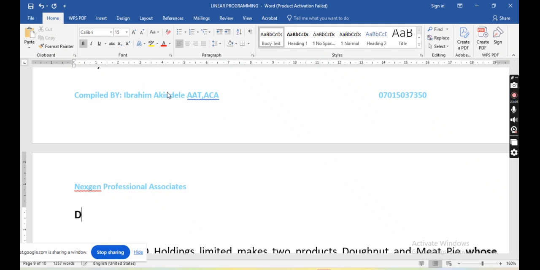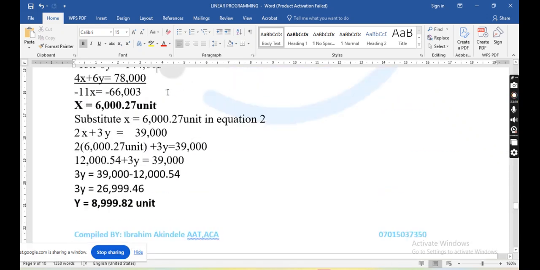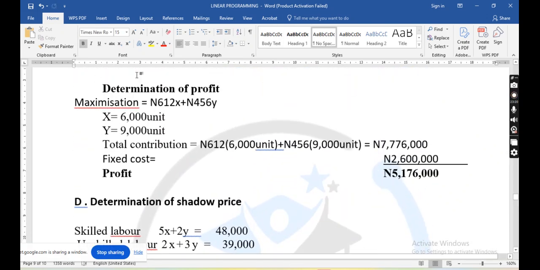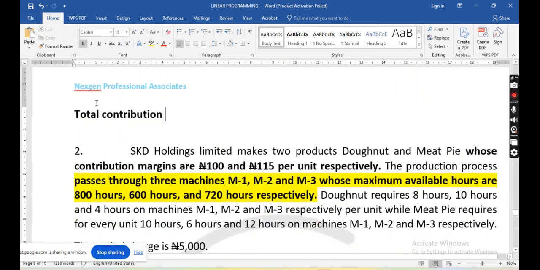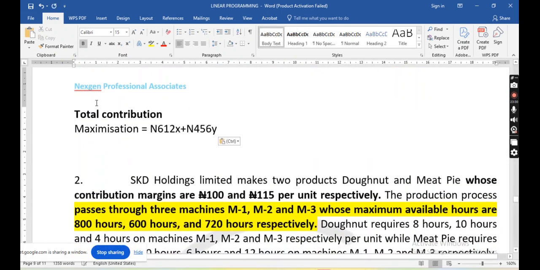Don't forget, we need to bring in our objective function so that we can get contribution. Let me bring it here. Don't forget it's contribution, it is maximization.